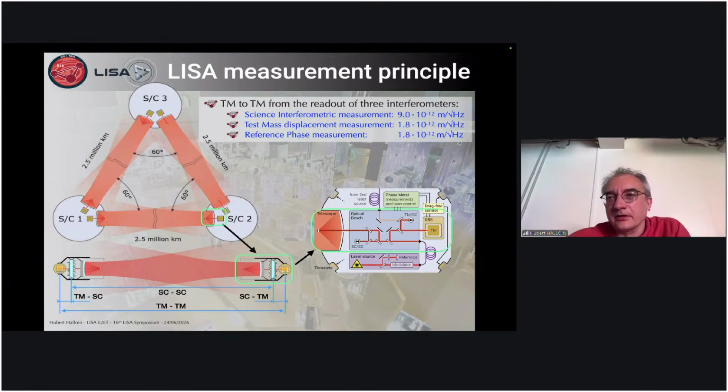They are basically at 2 picometers per root hertz. That's the level of accuracy and stability that is required to measure gravitational waves with LISA, and the level of performance that has to be achieved on ground for testing as well.